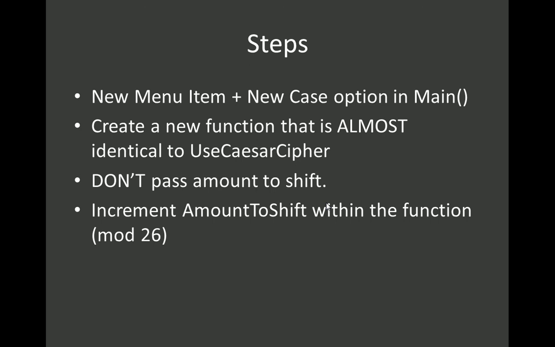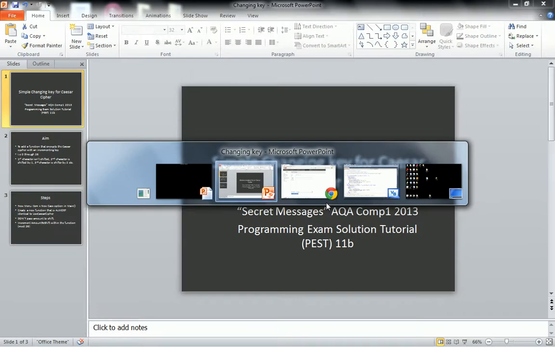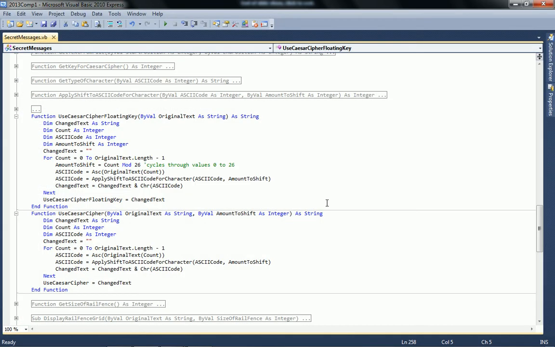So the steps we're going to take is obviously new menu item, new case, and what we're going to do is just copy and paste the use CaesarCipher function, but we're then going to remove the amount to shift, and then we'll increment the amount to shift as a local variable within the function. I've actually already coded it.